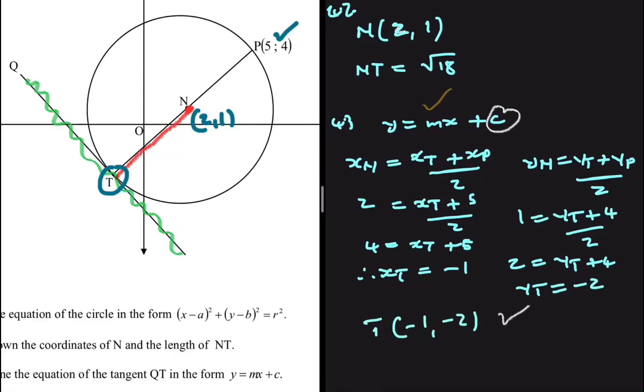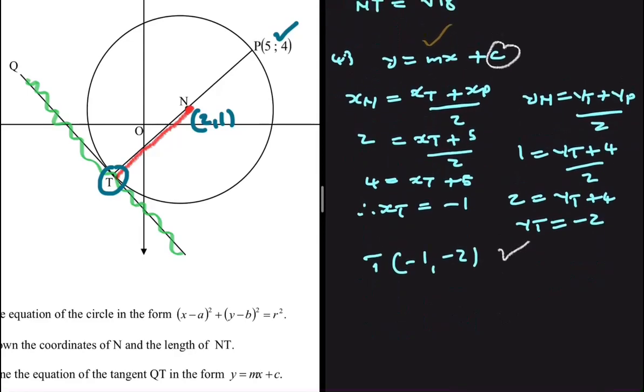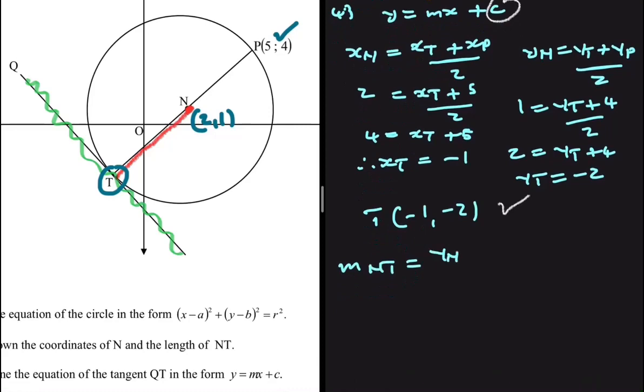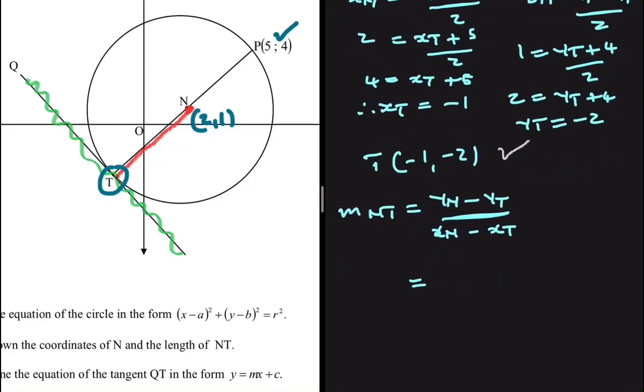So we can go ahead and find the gradient of qt. The tangent is perpendicular to the radius. So if we find the gradient of the radius, then we can use that to find the gradient of the tangent. We're going to have the gradient of nt being equal to y of n minus y of t, divided by x of n minus x of t. y of n, that is 1, minus y of t, which is minus 2.